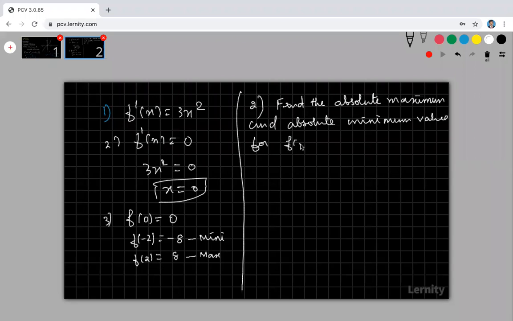My f of x is equal to sin x plus cos x, and my x belongs to the interval 0 to 5.